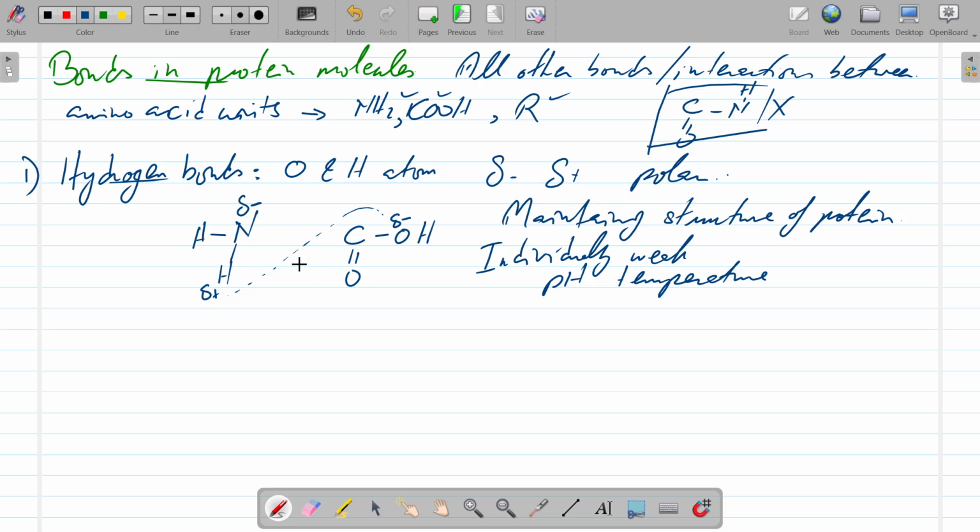So hydrogen bonds are one of the bonds that occur. They give the shape and they hold the protein together. They can also occur between certain R groups.